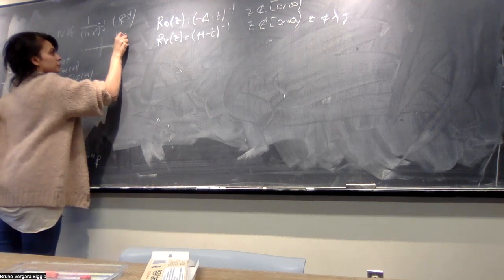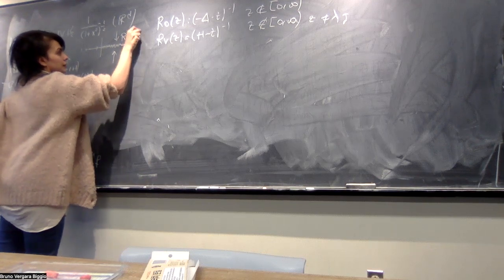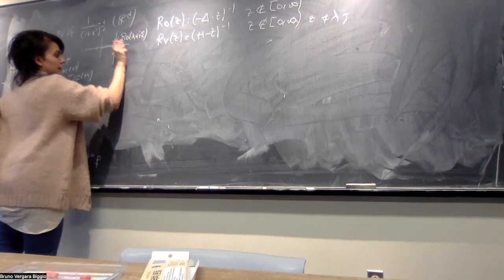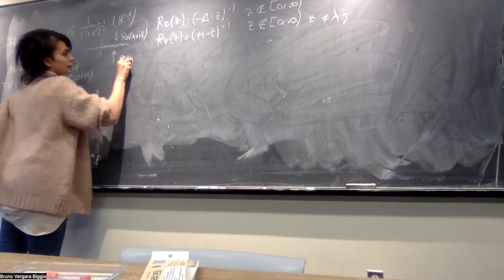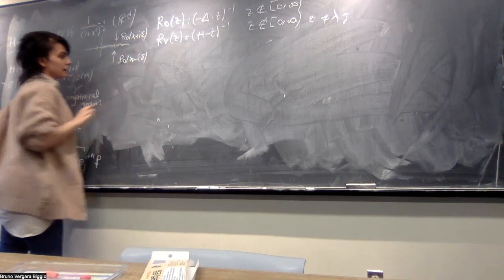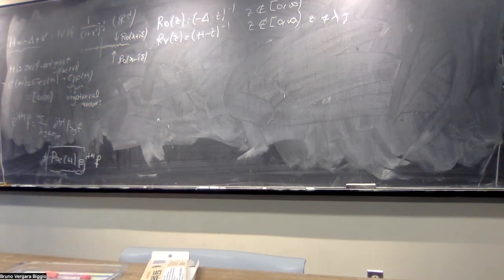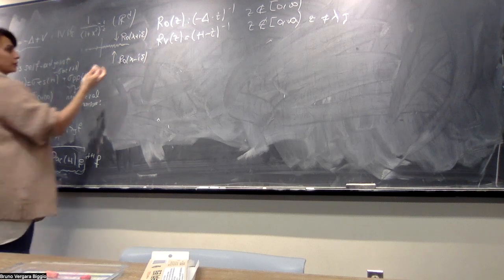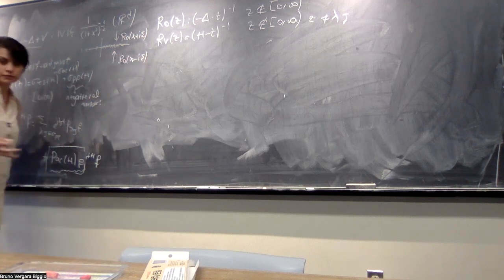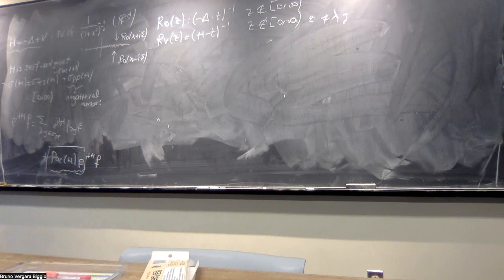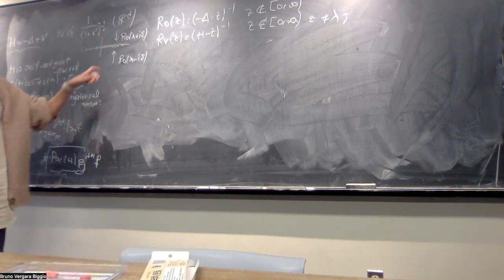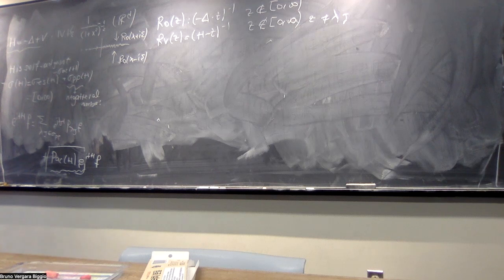So I want to understand what happens to these guys. Do they somehow converge to some operator as epsilon goes to 0? So that's what I want to check. And it turns out it does. And you want R0 or? Both R0 and RV, but I'm gonna start with R0 first, then I'm gonna extend it to RV.